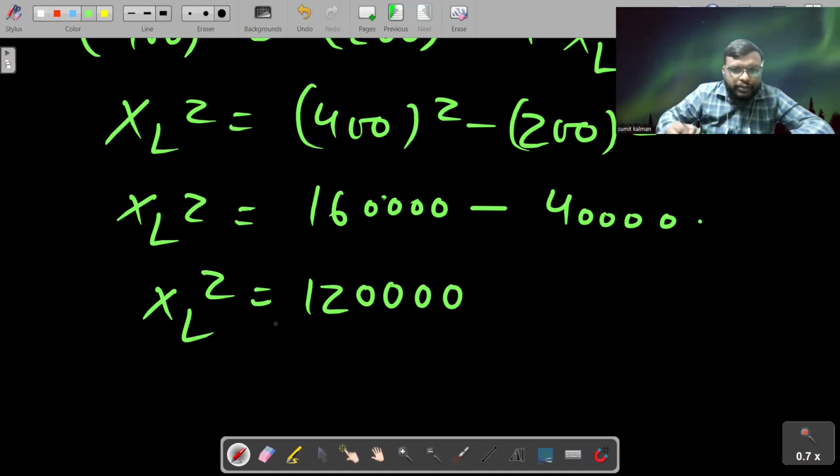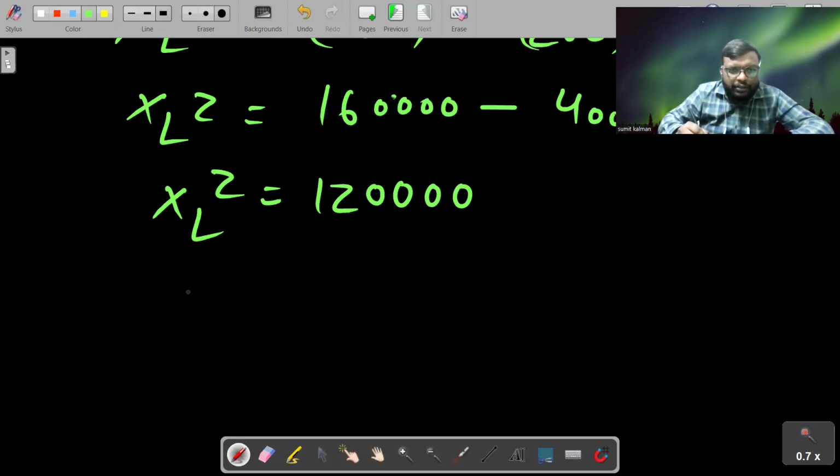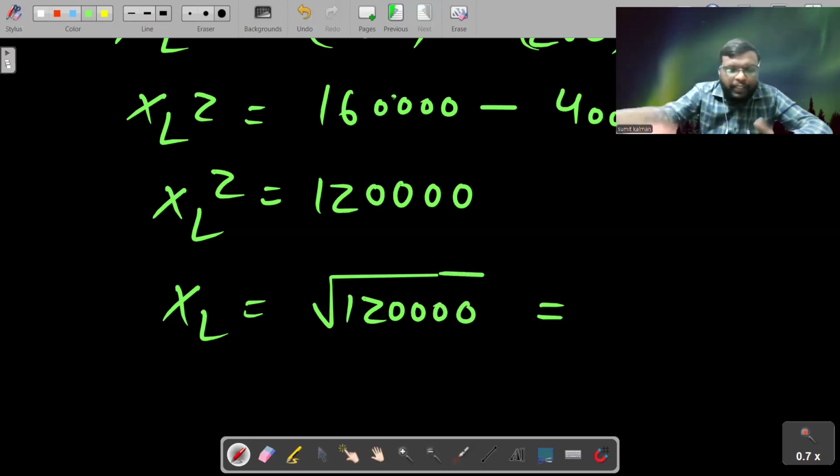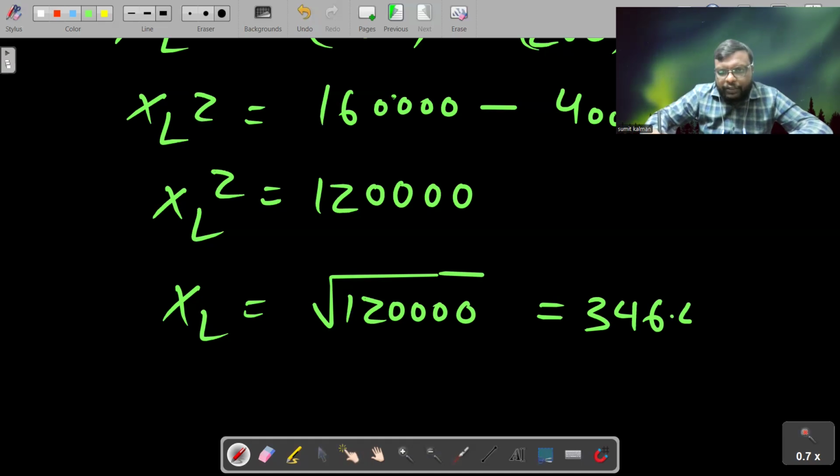And students, if you will calculate XL, then here it will become under root 12 with four zeros. And students, if you will simplify this, I am calculating it with the help of scientific calculator, it will come out to be 346.4.